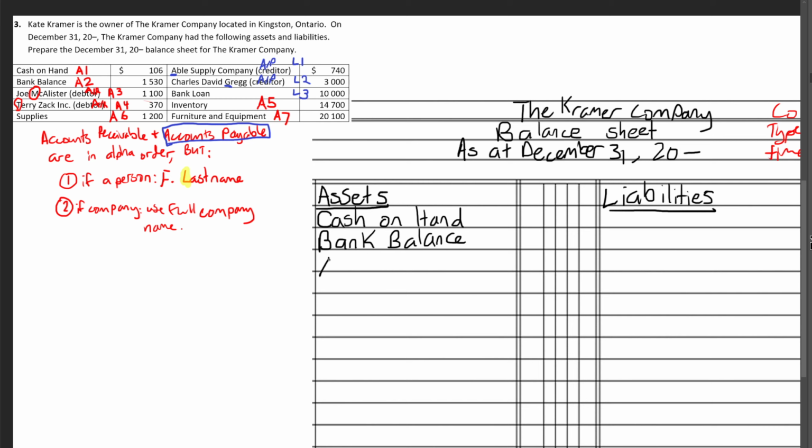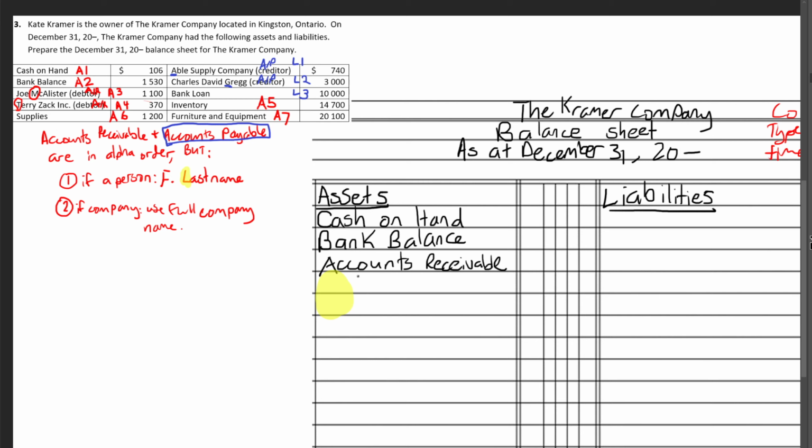Okay, now accounts receivable. I must write the heading, or the subheading, I should say, accounts receivable, and be sure you're spelling receivable correctly, I before E, except after C. Once you have accounts receivable, you must have an indent, meaning I am not starting on the left. There is going to be a space that I'm leaving. And then I put my individual accounts receivable accounts.